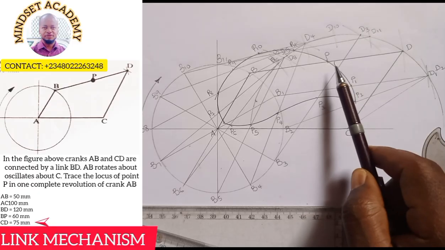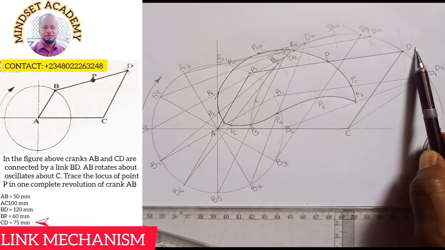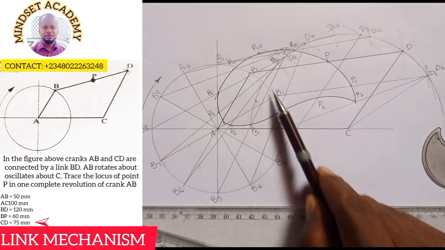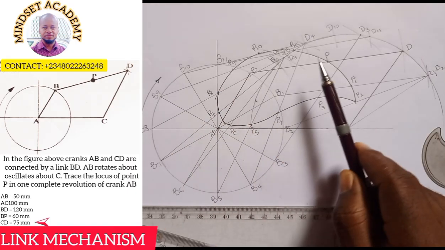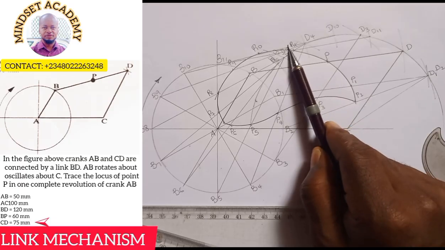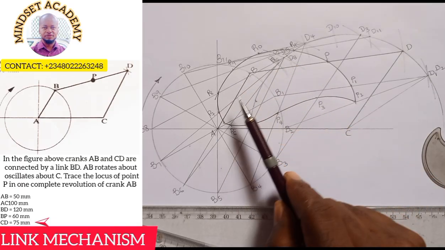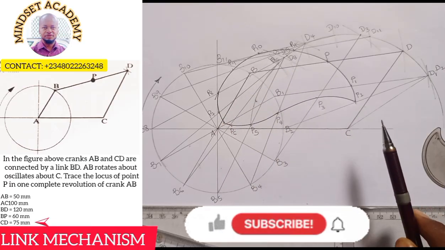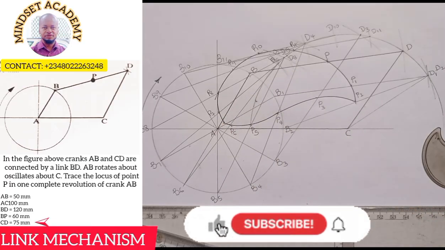Remember that we marked a point in between B and D, which is P. So at every stage of the movement of the crank, what happened? P changes position, forming different loci. So when we have joined all the points of P, that will be the locus of P. So this is what we are told to do.